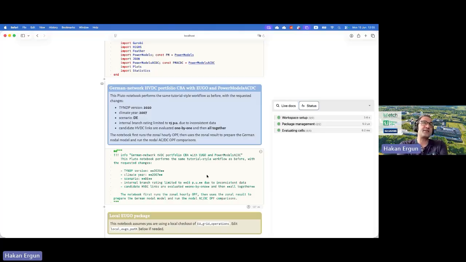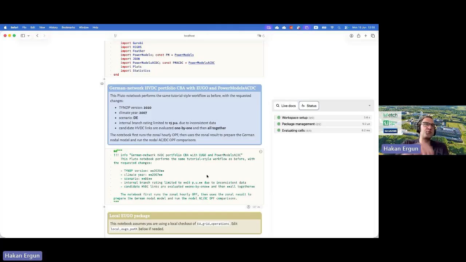As we are relying here on an open source grid model, the ratings of the power lines are not always very consistent. So I have here just made, I would say, a deliberate choice of limiting them to 1500 MVA for all the internal lines that we have in the German grid. And the HVDC links are going to be evaluated one by one, and then eventually also all together.